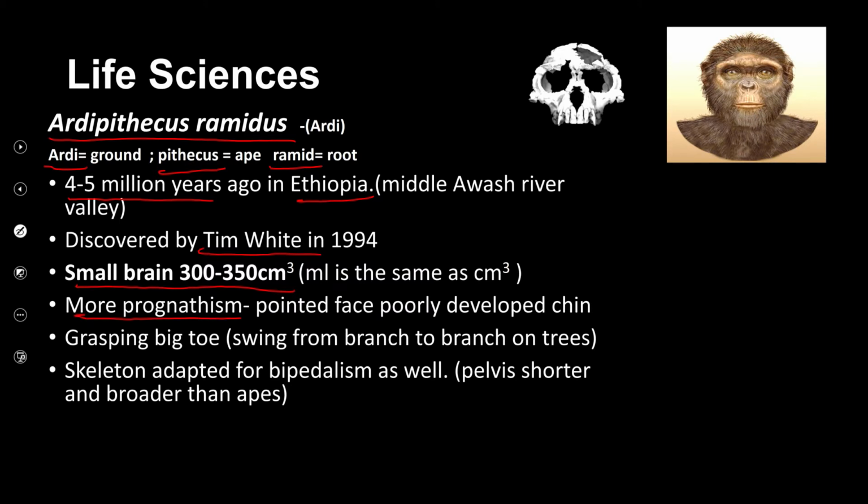So if you have a look here at the diagram, you can see it's a much smaller cranium, and their jaw is also still quite prognathous, which means it sticks out, protrudes quite far. So they've got a pointed face, and they have a very poorly developed chin.